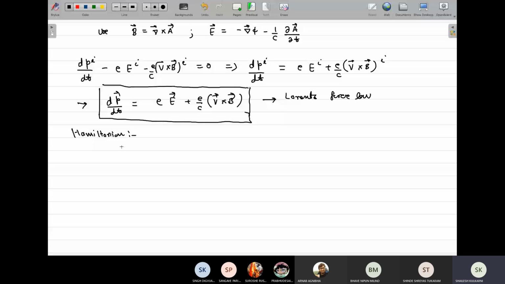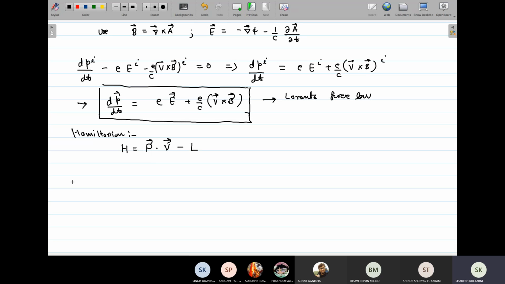Okay, so the Hamiltonian H is P, but this P is actually the canonical momenta, right? In the description of the Hamiltonian framework, while going from the Lagrangian to the Hamiltonian, we use canonical momenta in the Legendre transformation. So it is P dot V minus L. Clear?